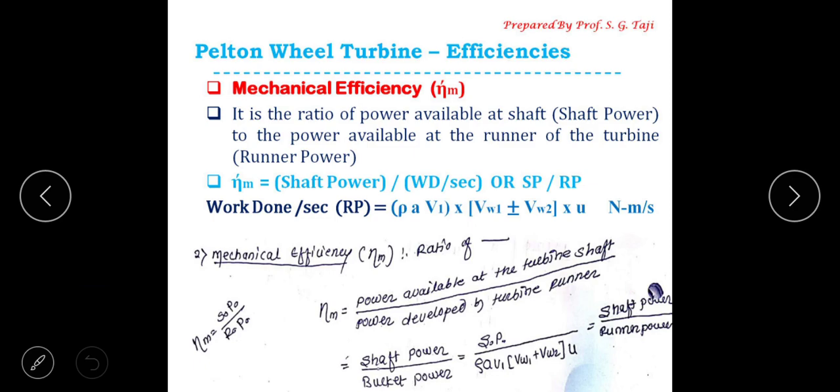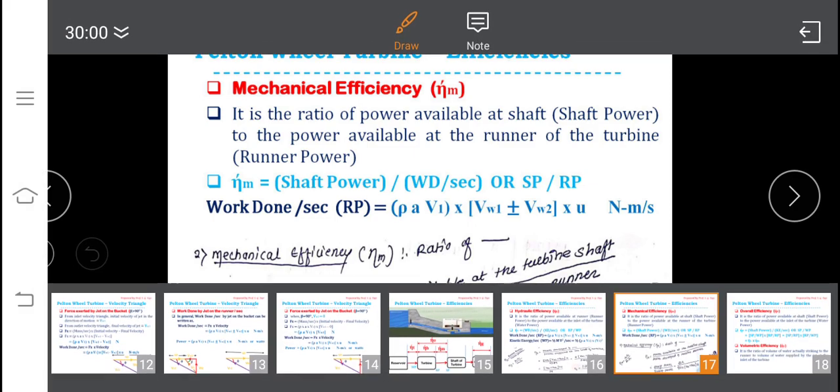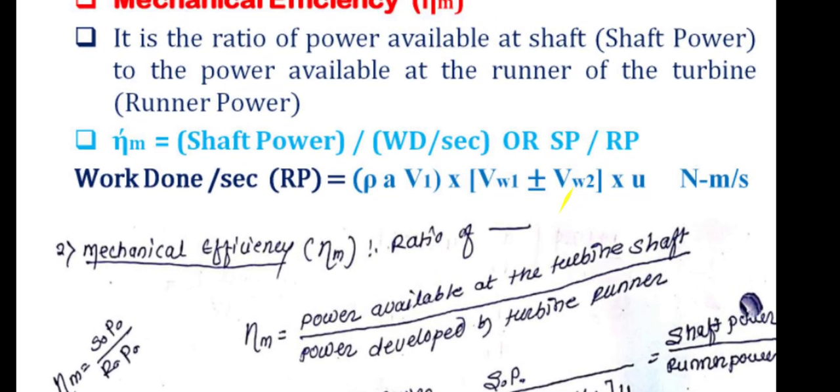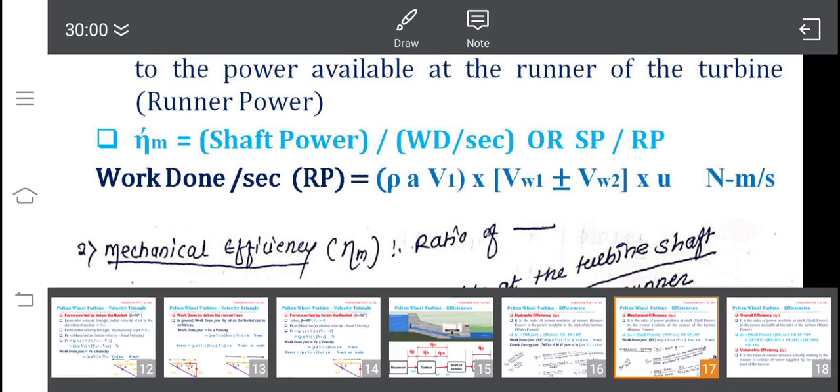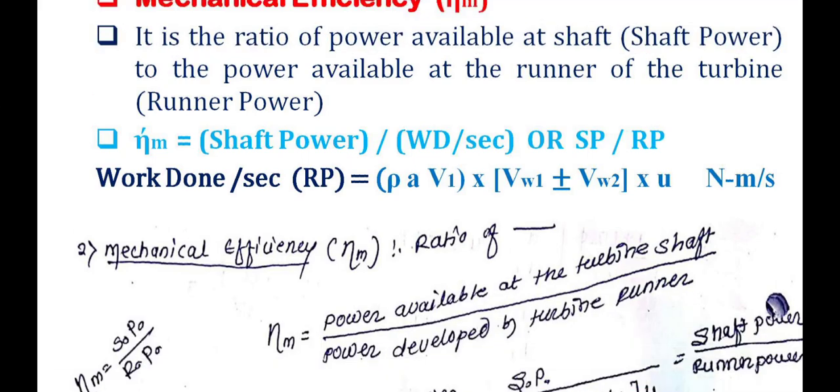Mechanical efficiency is the ratio of power available at the shaft, that is shaft power, to the power available at the runner of the turbine. That means mechanical efficiency eta m is given by Sp divided by Rp. Work done per second, Rp, is equal to rho a v1 multiplied by Vw1 plus or minus Vw2 multiplied by u Newton meters per second.